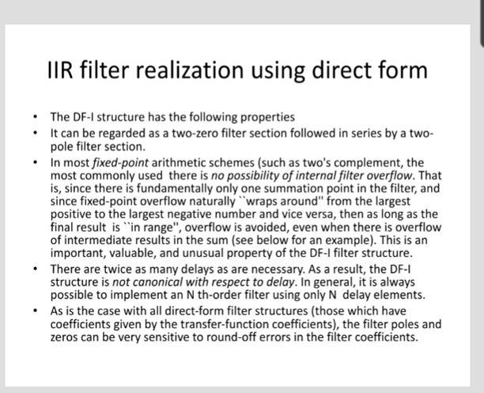As with all direct form filter structures, the filter poles and zeros can be very sensitive to round off errors in the filter coefficients. This is usually not a problem for a simple second order section, but it can become a problem for higher order direct form filters.